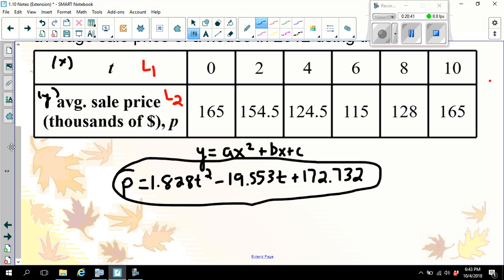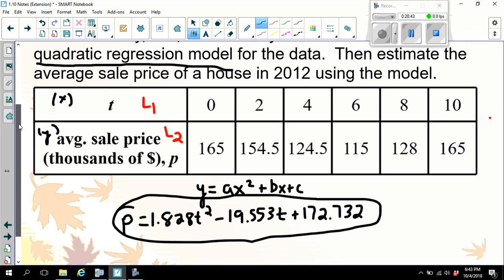Now, the second part to this problem, it asks, then estimate the average sale price of a house in 2012 using the model. So remember, P represents price. That's what we're trying to solve for. So we need to plug in a value for T. Now, to figure out what this T value is, we can't use 2012, okay?